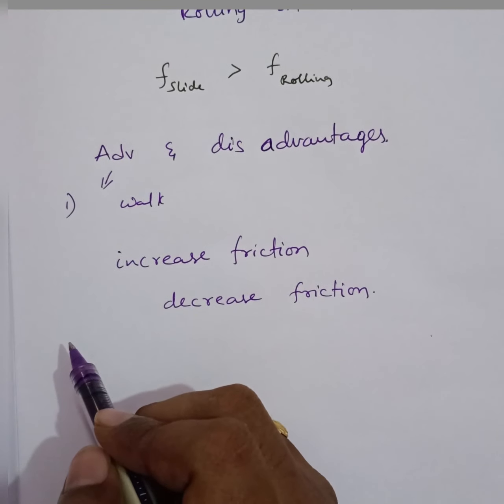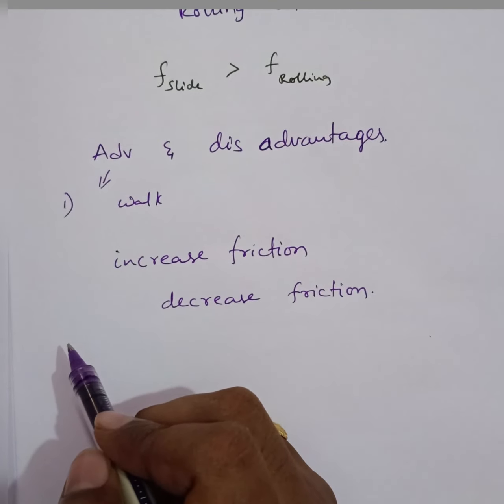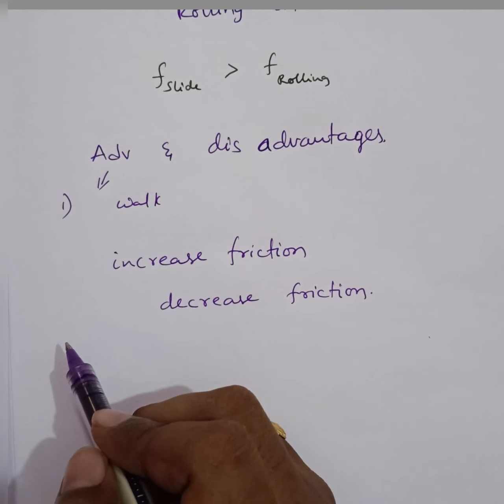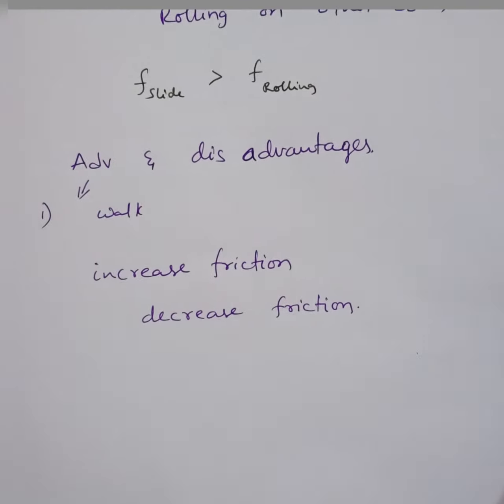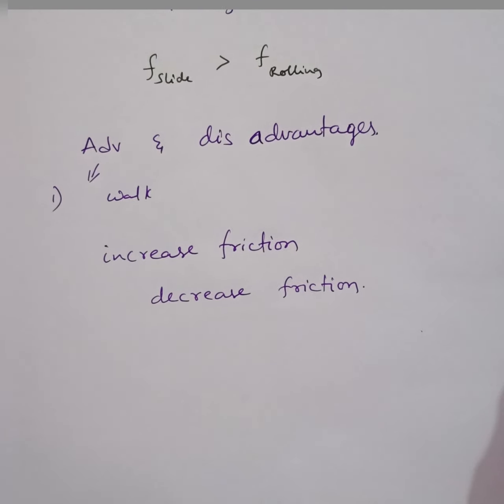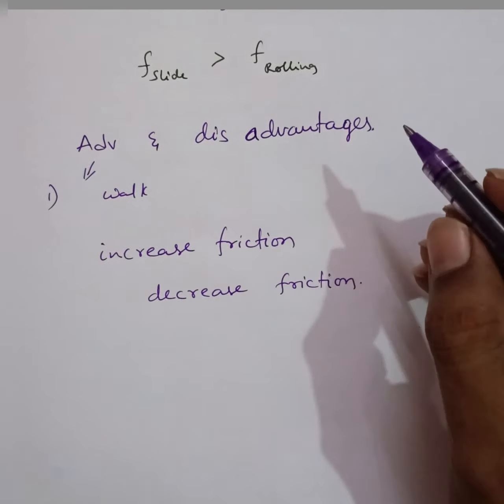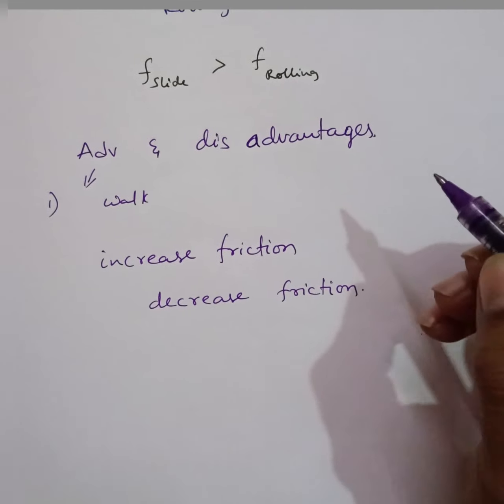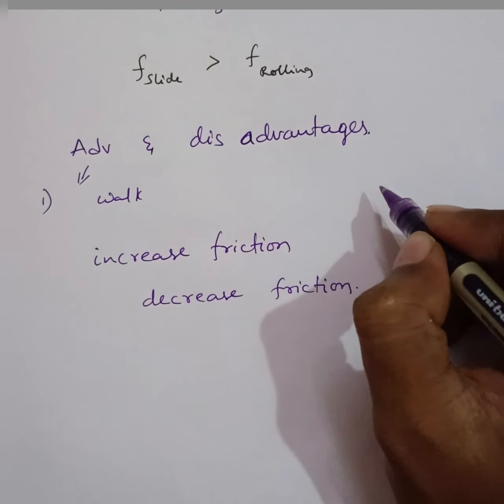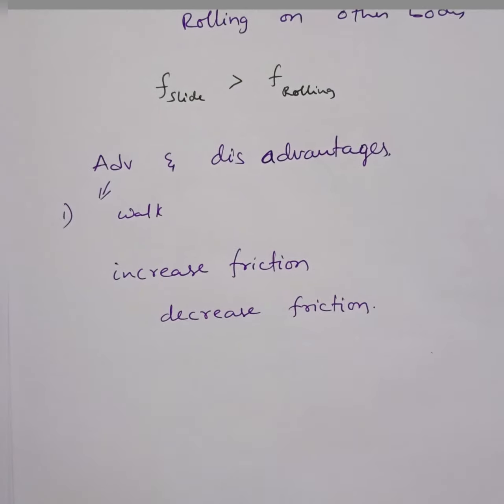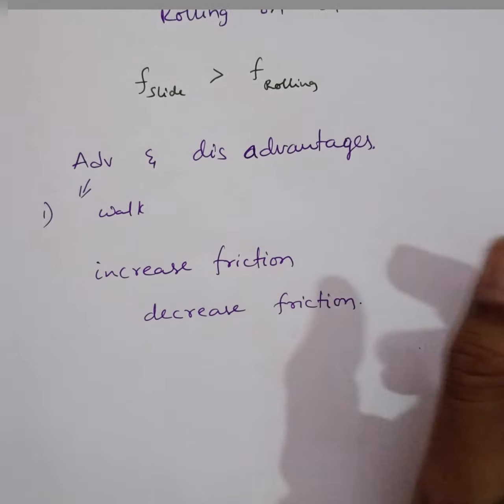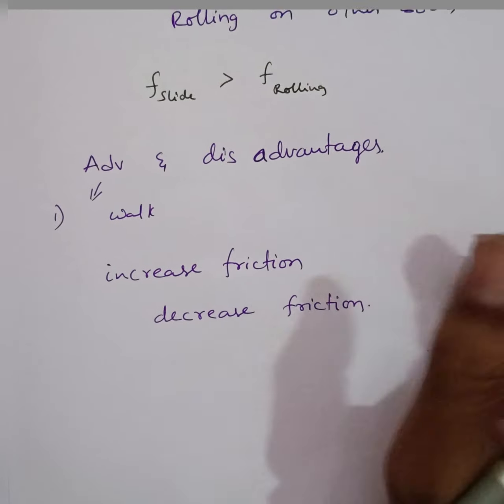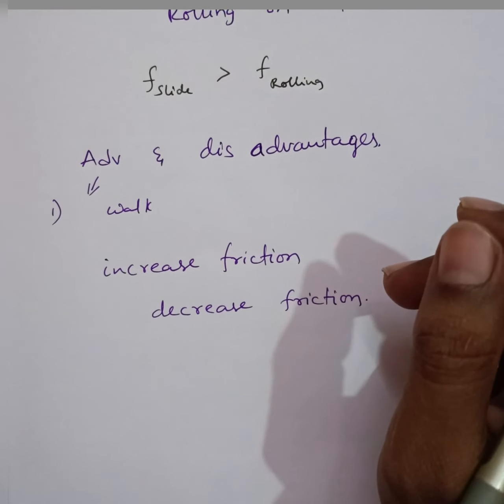For example, when we are playing carrom, we want to increase the friction to get better grip. Whenever we are purchasing pens, we will check whether it has better grip or not. While writing, if it slides, we can't write. Even slippers, grip is provided under that. And vehicle wheels, grip is provided.